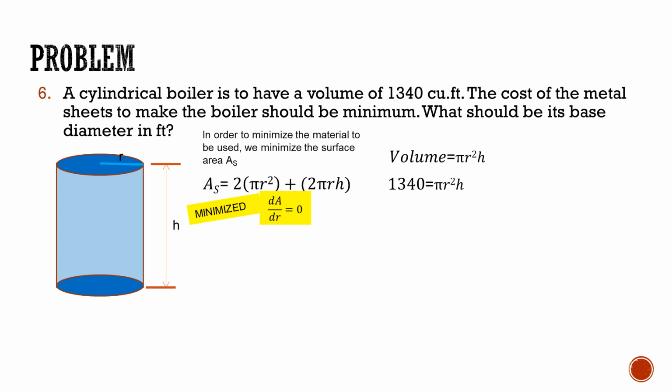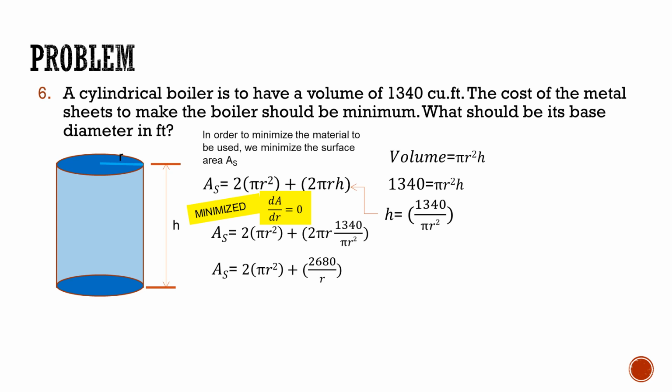So, we just substitute the required volume and then express h in terms of r. Then, 1,340 over pi r squared. We substitute on that equation. Yan na. And then, maka-cancel na yung pi r, yung 2 magmumultiply sa 1,340, magiging 2,680 sa second term.